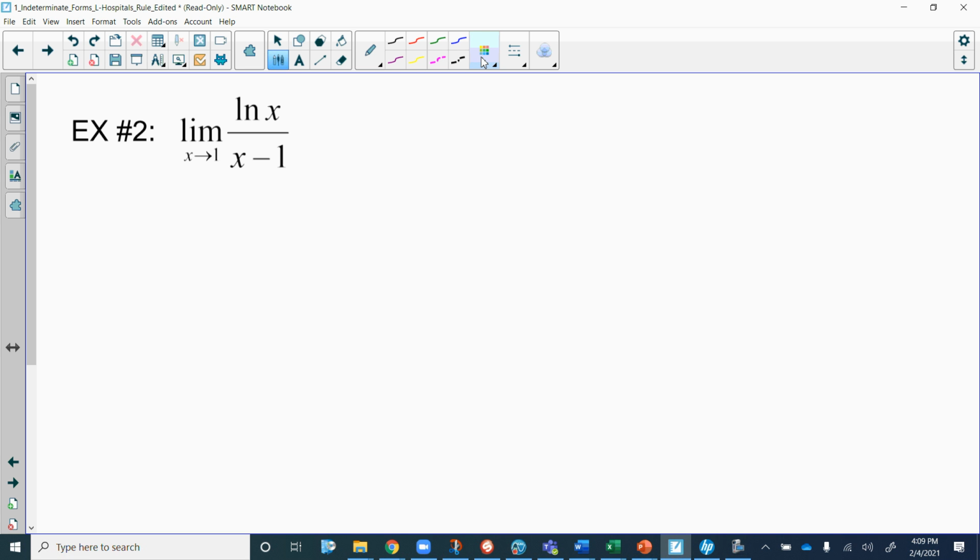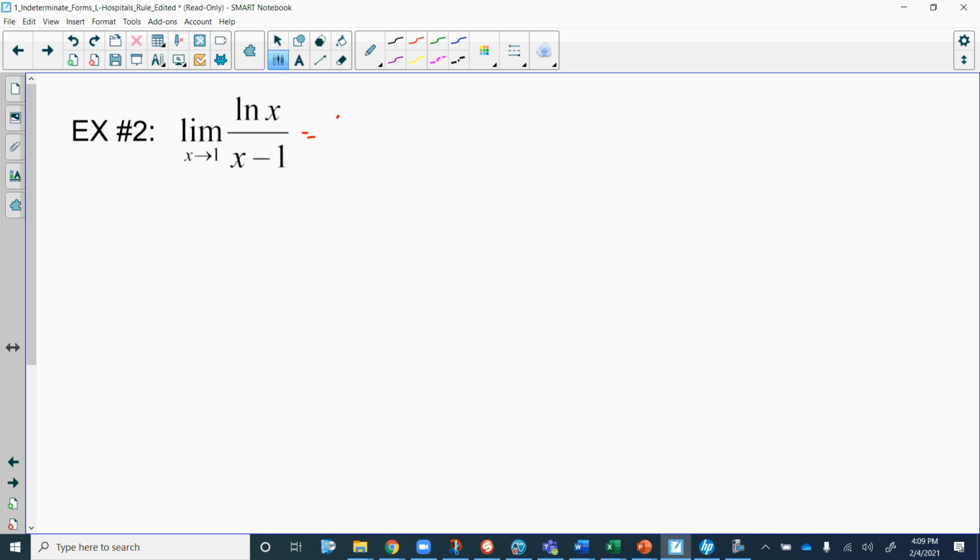Now we can see that if you plug in the 1 for x, the natural log of 1 is 0, and the denominator is 0, so that's going to give you 0 over 0. That is our indeterminate form. So it's pretty obvious that we're going to be doing L'Hopital's rule.